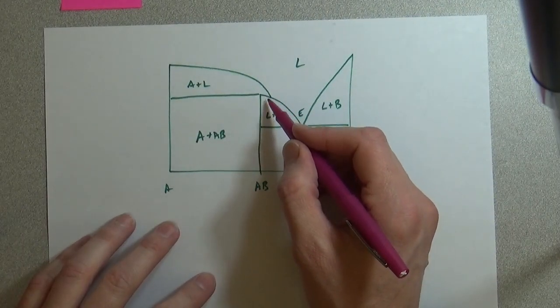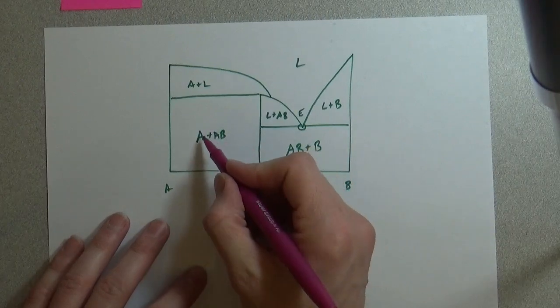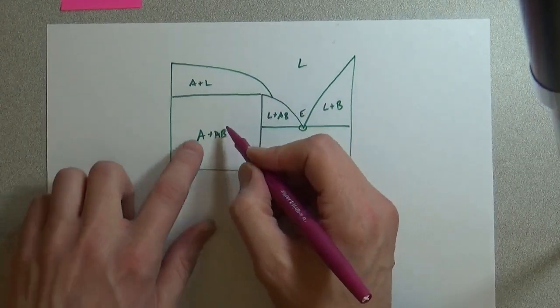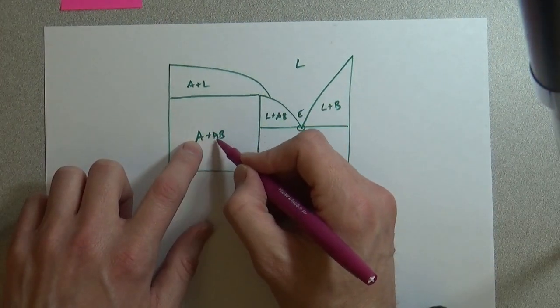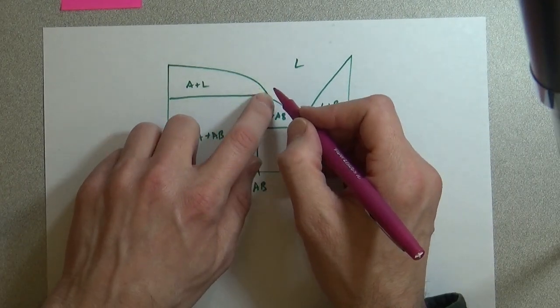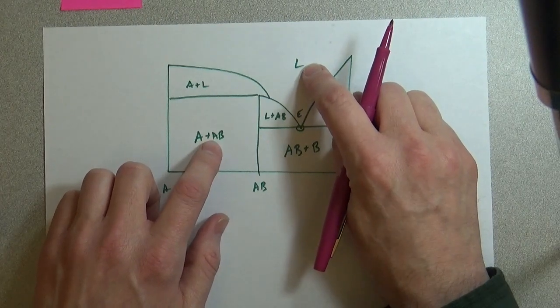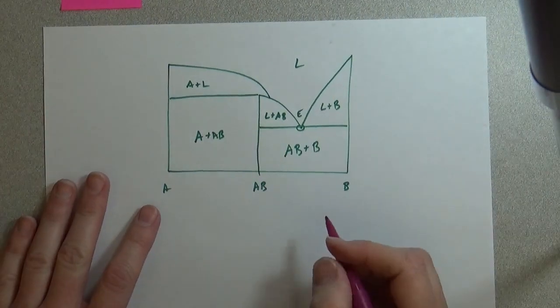Right? We have to have overlap here. Otherwise, we would have a region of A and liquid, or I should say solid A, plus AB and liquid in contact. So this overhang is what's keeping the phase diagram valid, and that comes from rules of thermodynamics, which we're not going to cover in this class.